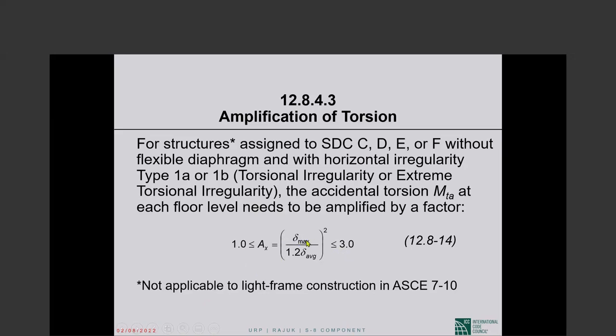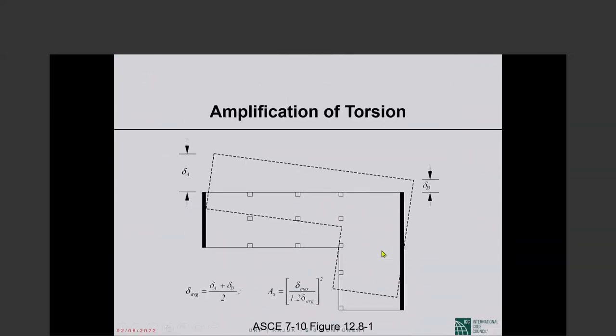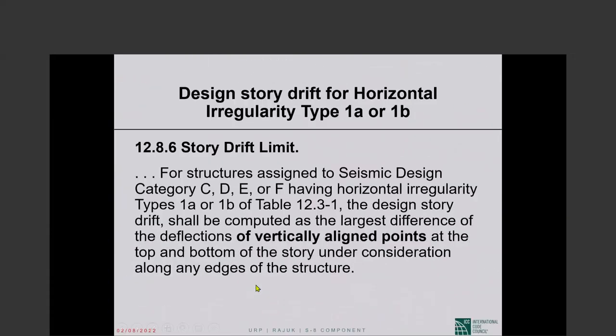By now you know delta maximum and delta average very well. So this is just illustrating the delta maximum and delta average and the definition of the accidental torsion amplification factor, or the torsional amplification factor. I don't know why it's accidental.